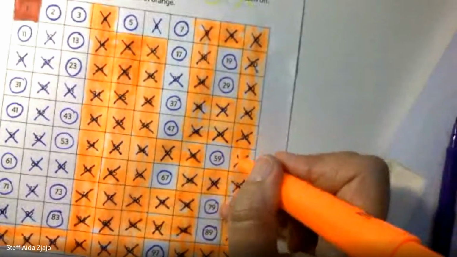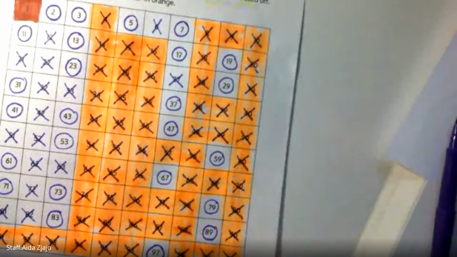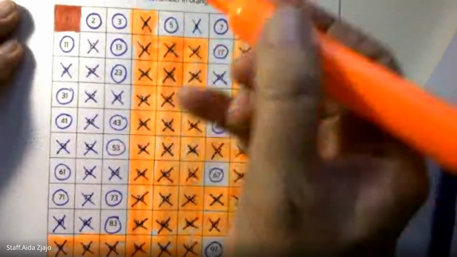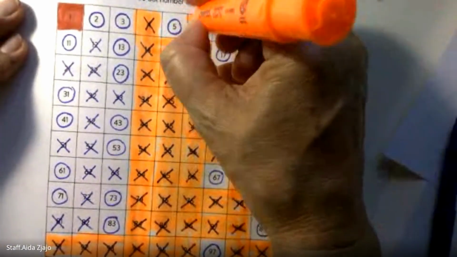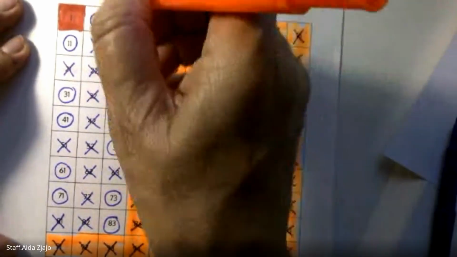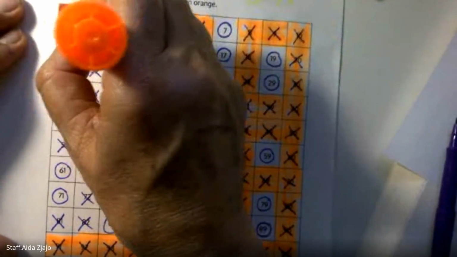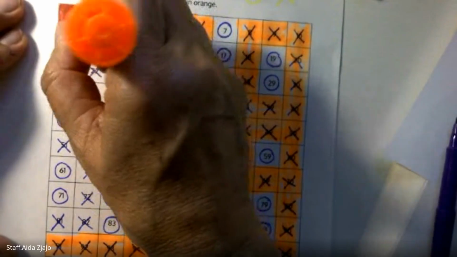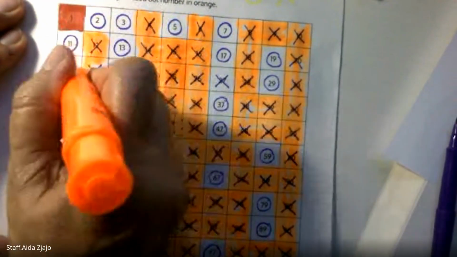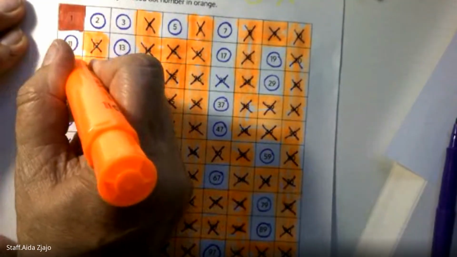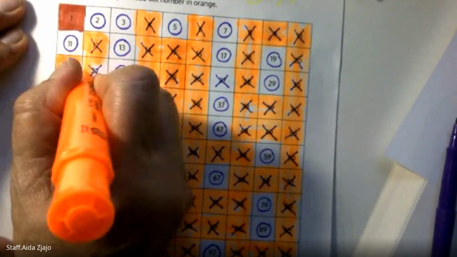So now the only prime numbers are isolated in this picture, and everything that is orange represents composite numbers, and number one is neither composite nor prime.